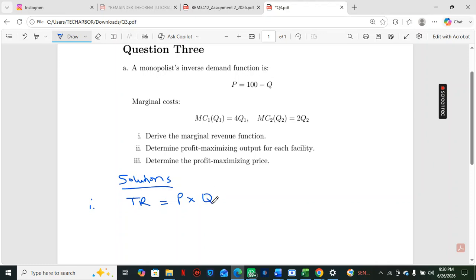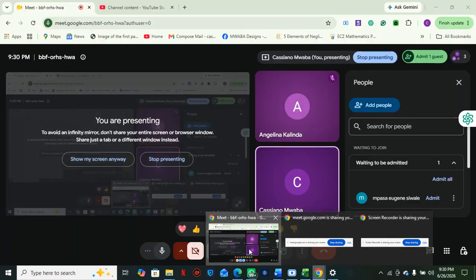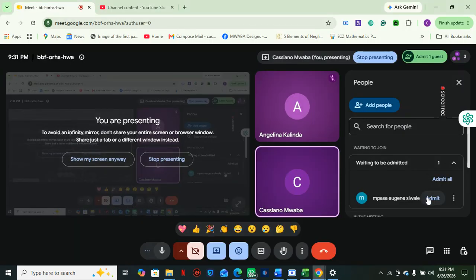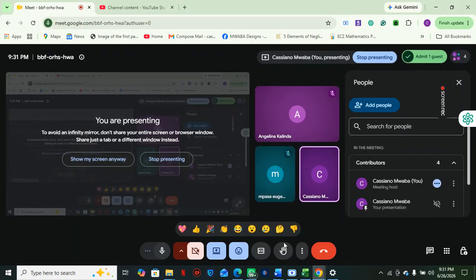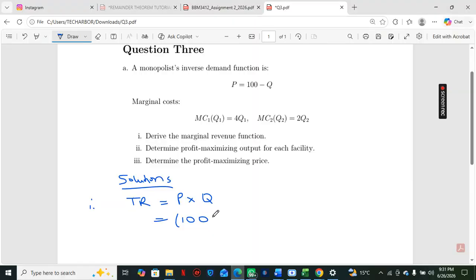Okay. So the price here, this P here, is 100 minus Q, multiplied by Q.